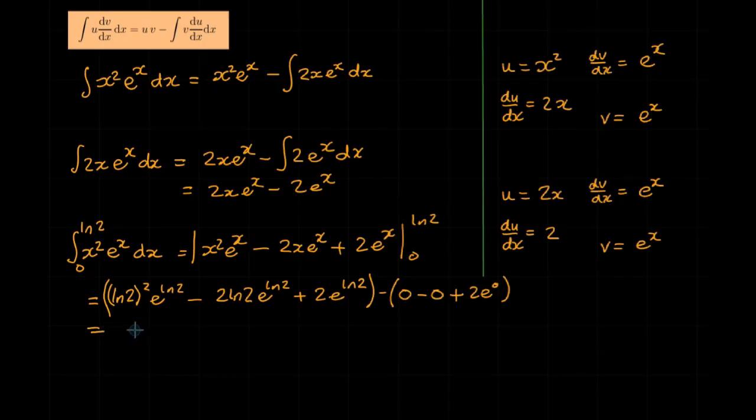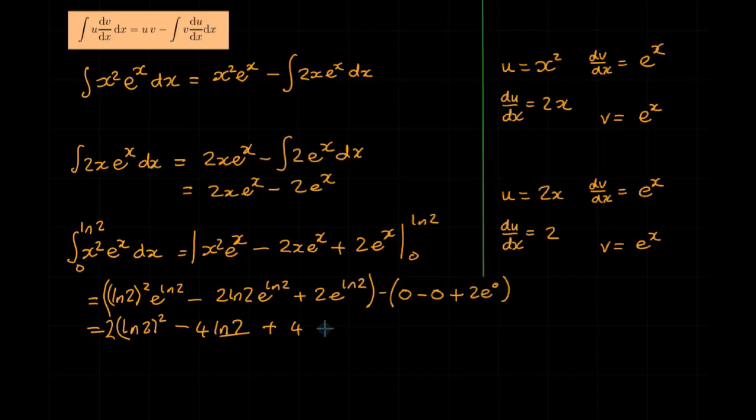What does that equal? Well, that's log 2 squared. Well, e to log 2 is actually 2, so I'll squeeze that 2 in there. Minus this again is 2, so I've got 4 log 2 plus 4, and then I have to minus 2e to the naught.